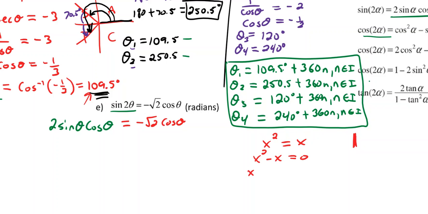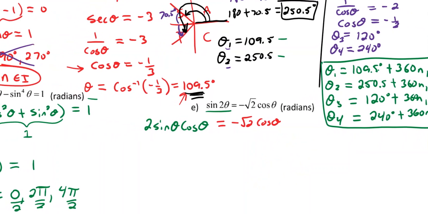And then we factor out an x, so you have x times x minus 1 is equal to 0. And we see that if we would have just canceled that, we would have forgotten about the answer of 0 being involved here as well, right? So we can't just cancel that out. We have to include that. So when you cancel it out, you're actually canceling out one of your answers.